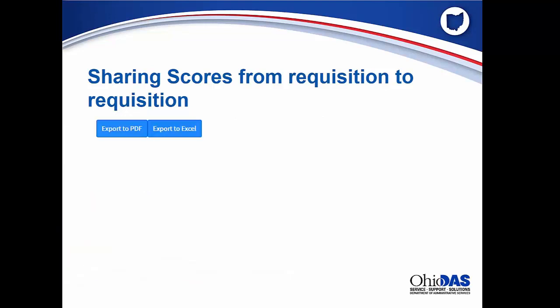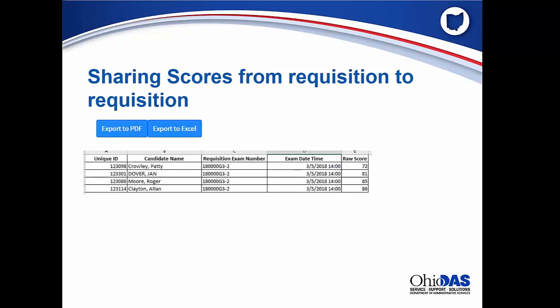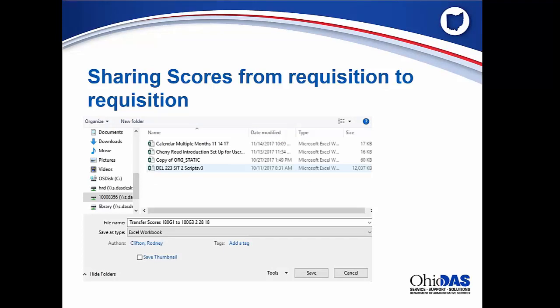So on that same page, we click the blue Export to Excel button, and this produces the format that we saw in Excel. I've already removed those top 3 lines. And we save the Excel document as an Excel workbook so that it can be imported later.